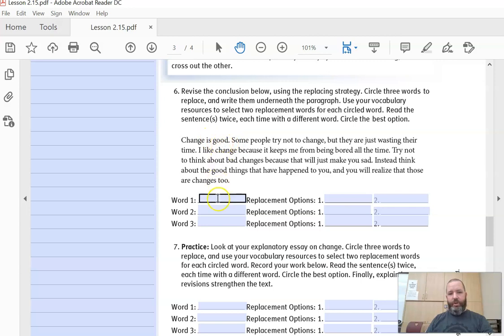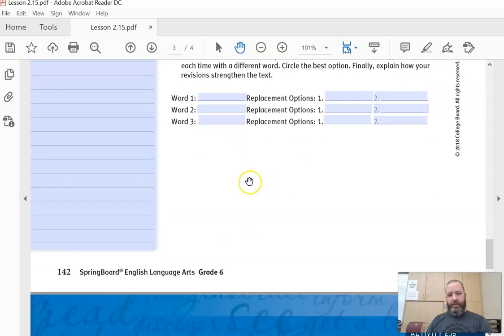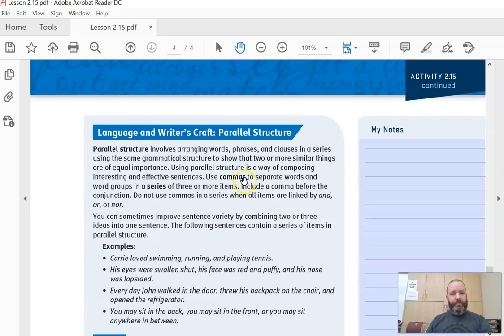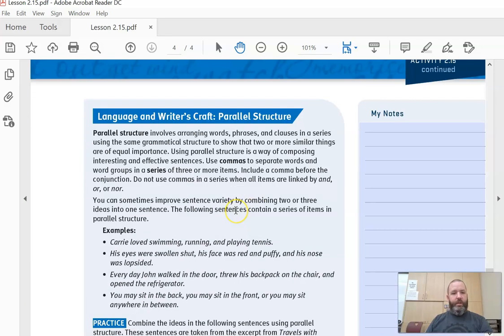So then I would put good, and then I could put 2 different replacement options. So you're going to find words that are kind of boring and normal and overused, like bad and good, and then you're going to find better words to replace them. And then it says you want to go back through your own essay and do the same thing. So that wouldn't be a bad idea to try and make your own essay a little bit better. So go back, find 3 words that you can replace, and give some options of replacement words.